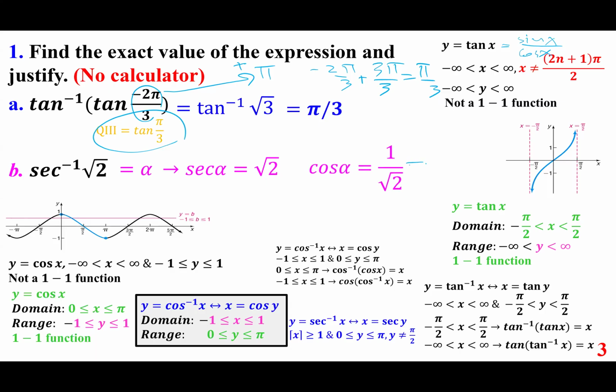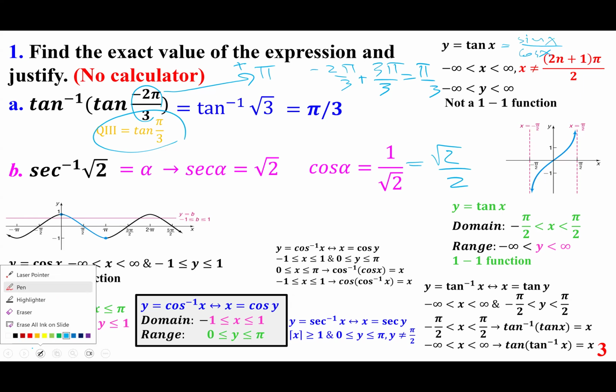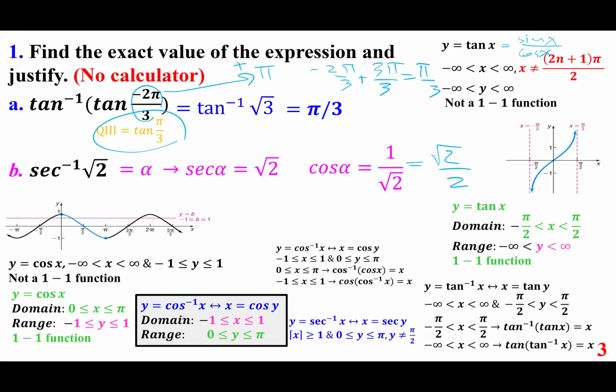We should know it's the same as square root of 2 over 2, because you can multiply the top and the bottom by square root of 2 over 2. So in other words, if I multiply by square root of 2 over 2, I get this one. Common arc, alpha becomes pi over 3. Pretty straightforward, everybody.